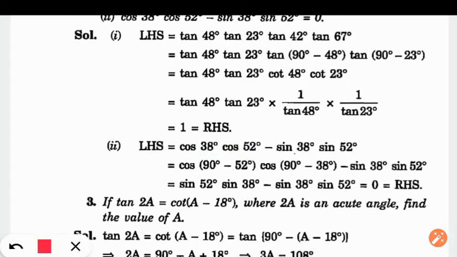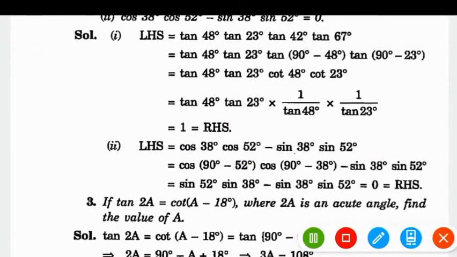So in this question I am keeping this one and I am changing this one. In place of 38 degree, can we write 90 degree minus 52, because 90 degree minus 52 gives you 38. Now again, because these two cos will become sin, the last two sin are there as it is, or you can change this sin and keep cos as it is.